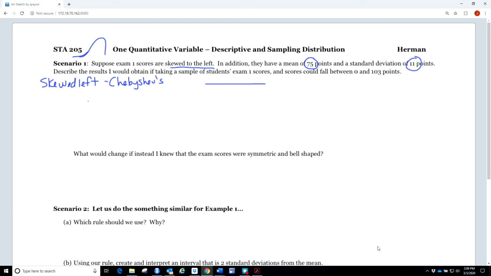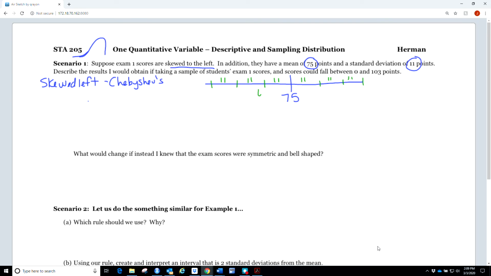Then what I usually like to do is draw myself a number line. We're going to be doing very similar math to what we did in the normals notes. I'm just not putting that normal curve on top of it. I'm going to start by looking at where the mean is, and the mean was 75. Then I'm going to go up to 3 standard deviations below that, and 3 standard deviations above that, where each of my standard deviation distances is just that 11 that was given to me.